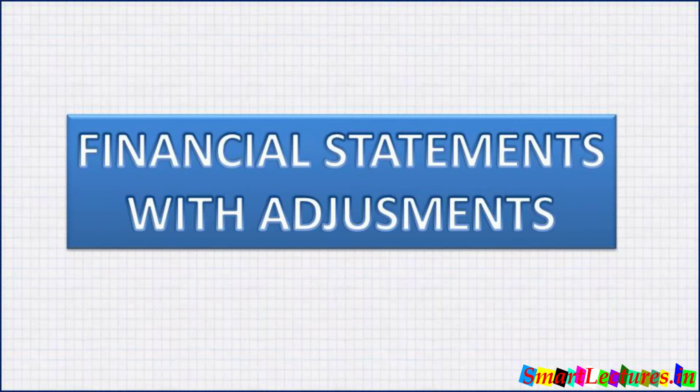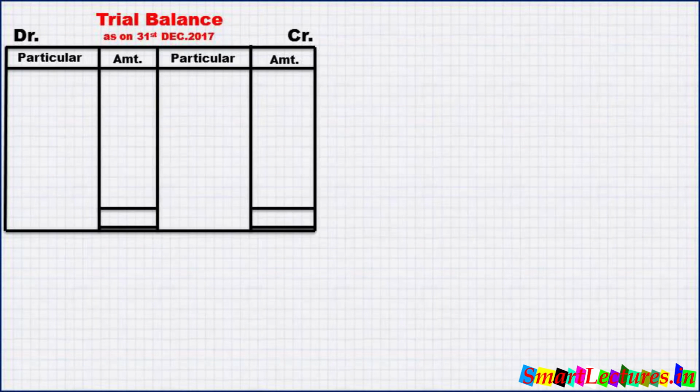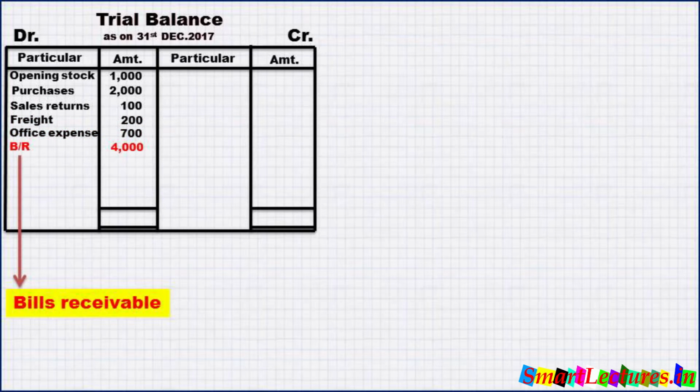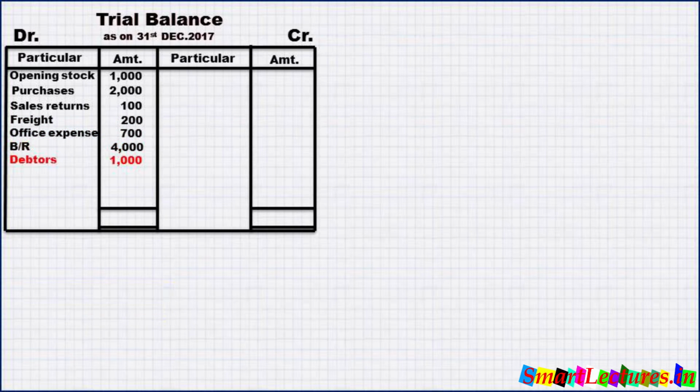Episode 4, Financial Statements. Let's take one more question. Trial balance as on 31st December 2017. Opening stock 1000, purchases 2000, sales returns 100, freight 200, office expenses 700, bills receivable 4000, debtors 1000, goodwill 2000, total 11,000.